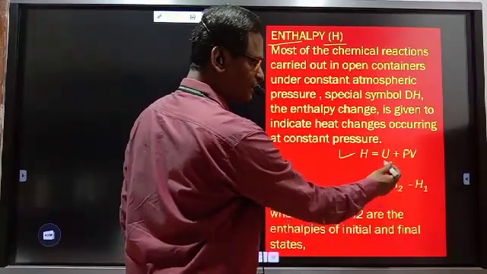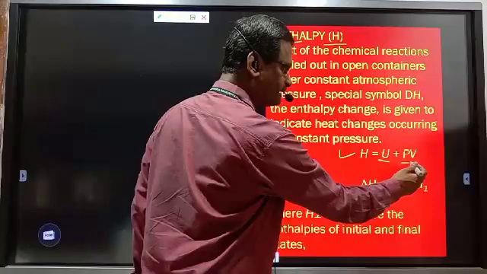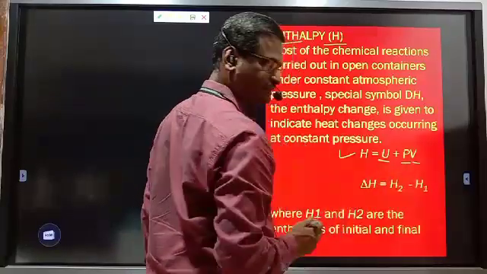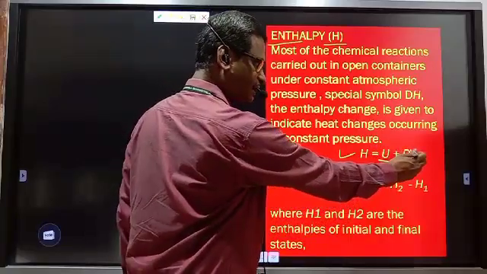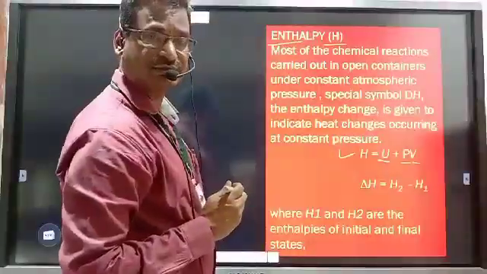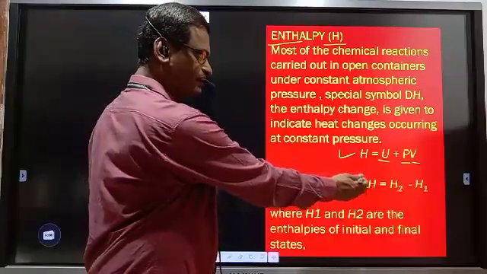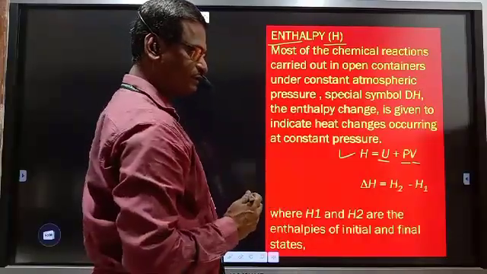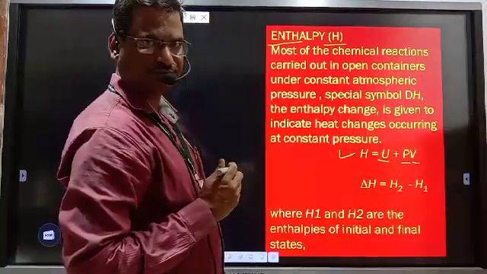Here U is the internal energy of the system, P is the pressure of the system, V is the volume of the system. Since internal energy, pressure and volume are state functions, therefore enthalpy H is also a state function and delta H is equal to H2 minus H1.